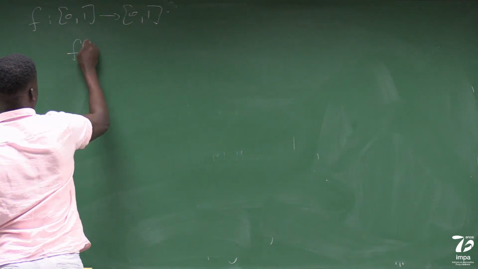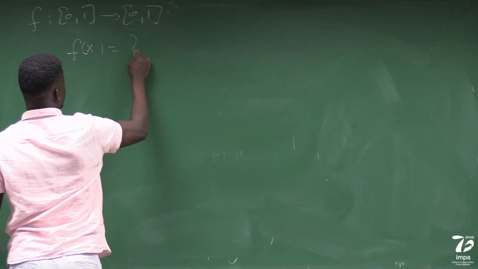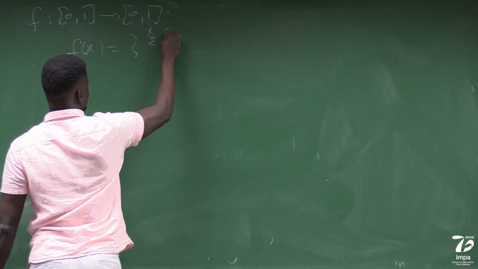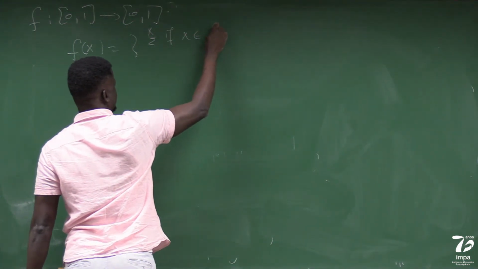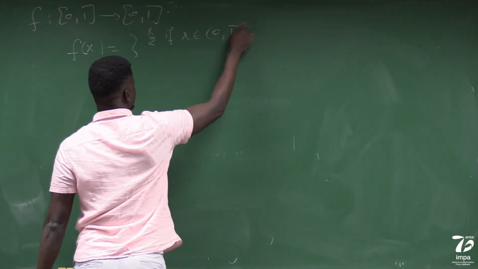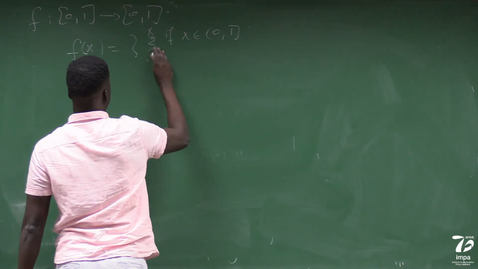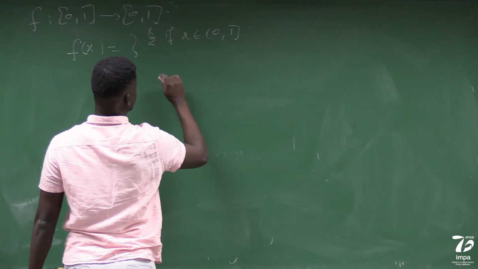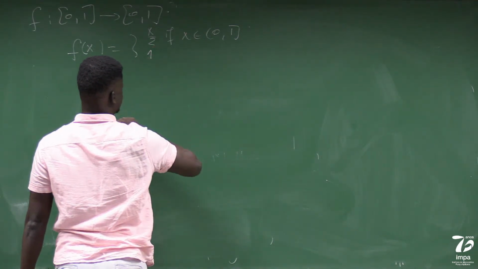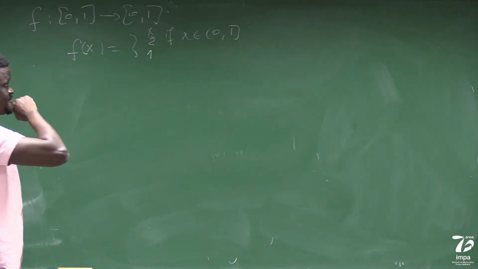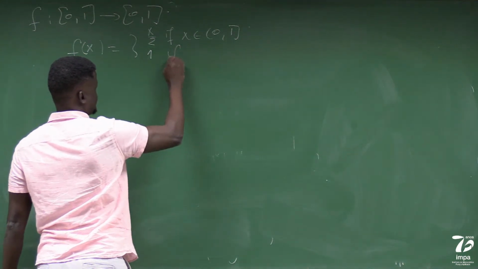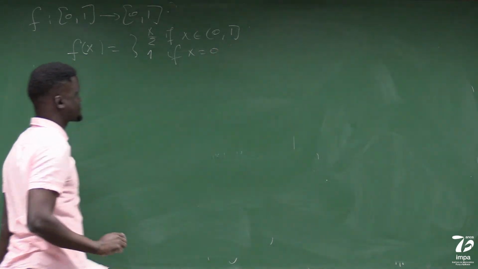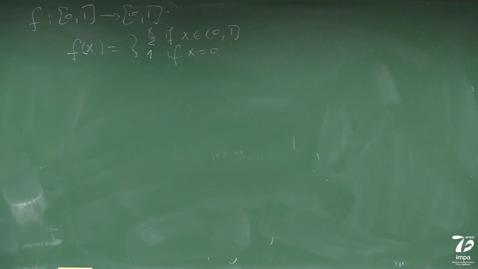And f of x is x over 2 if x is in (0, 1], and f of 0 is 1. This is kind of an ugly example.